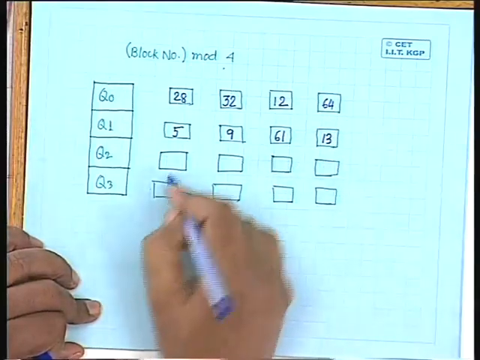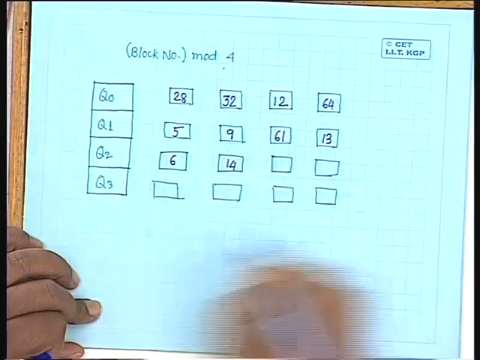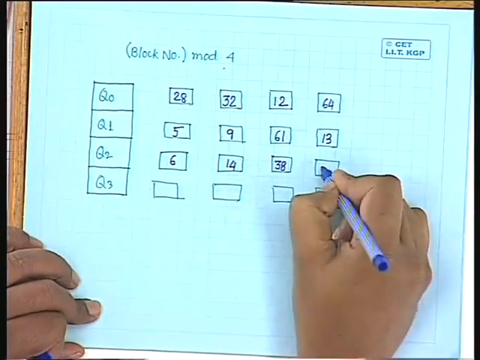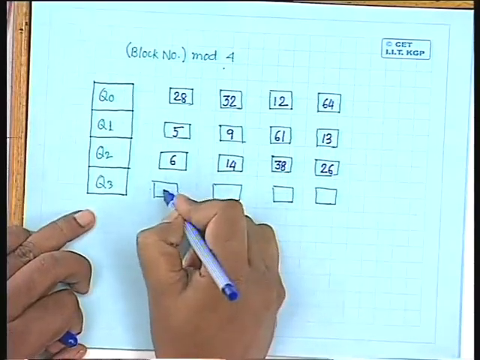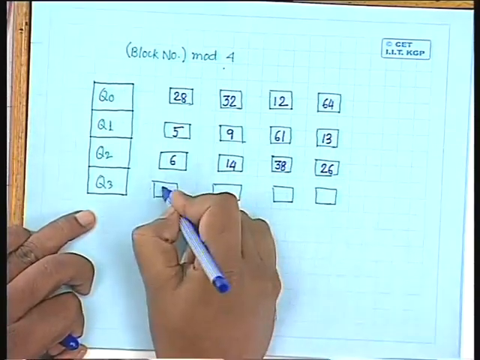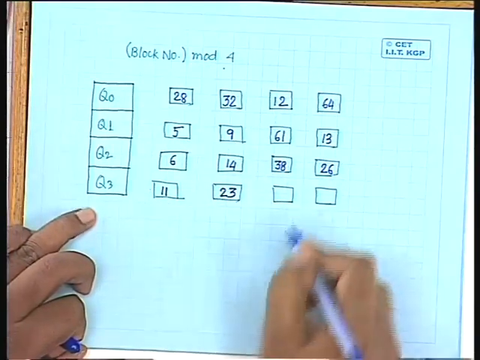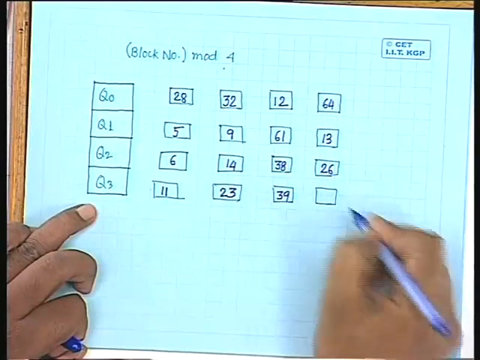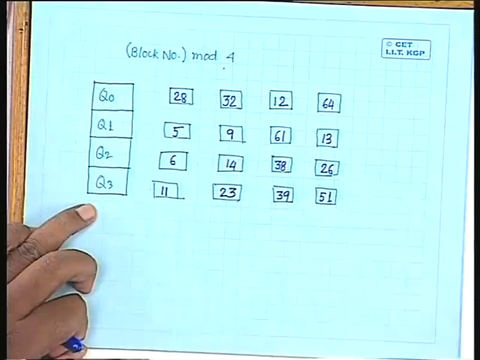This may contain say block number 6, block number 14, then say block number 38, block number 26. This may contain block number say 11, block number maybe 23, maybe 39, and say 51, something like this.